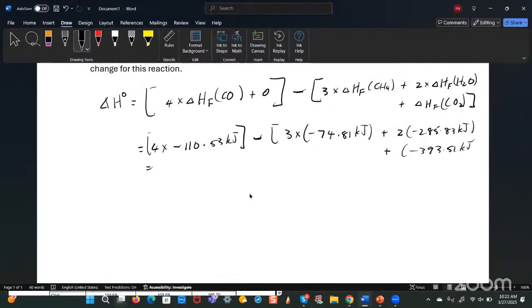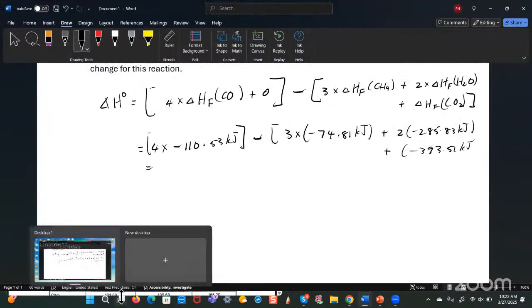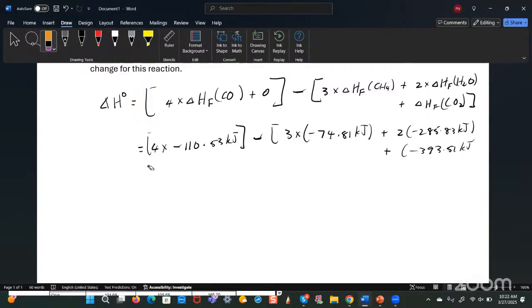All right. So that's basically what we get when we plug the values into that equation, and therefore all we have to do from here is the number crunching. Let's work out what's within the parentheses first. For this one here, it is 110.53 times 4, which gives you minus 442.12 kilojoules.